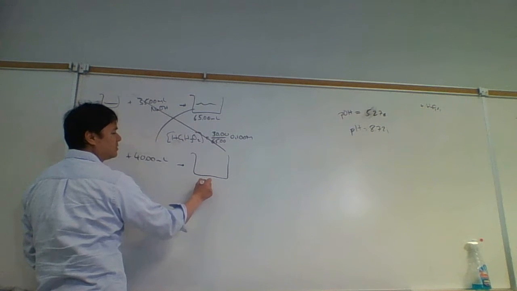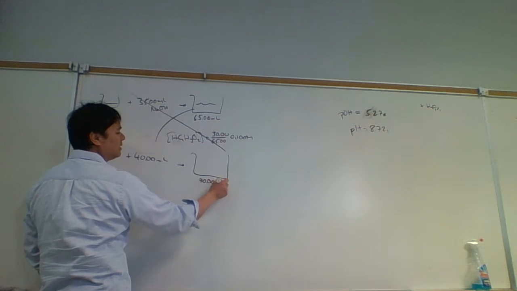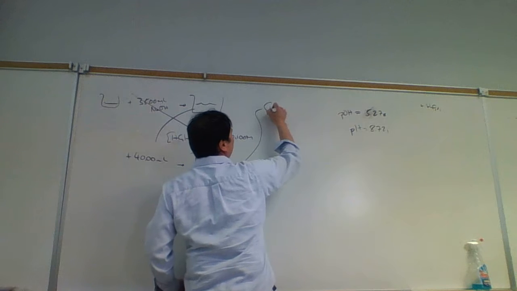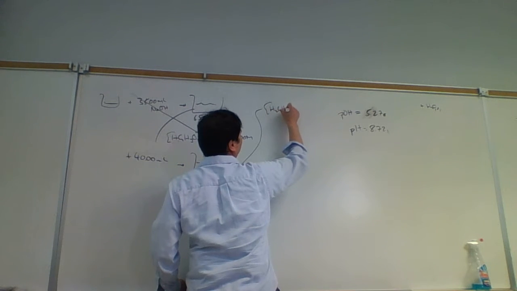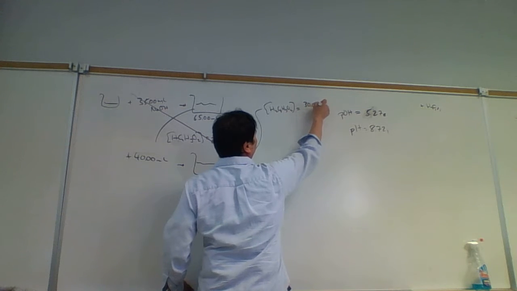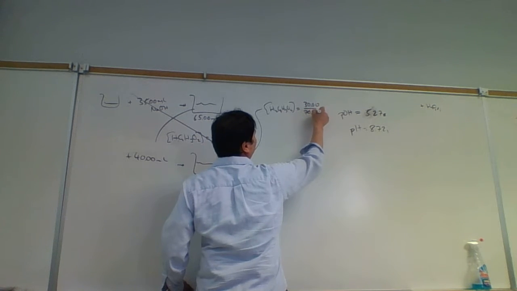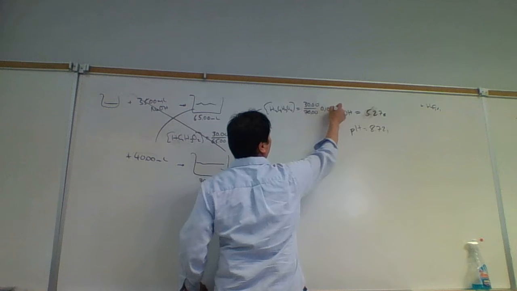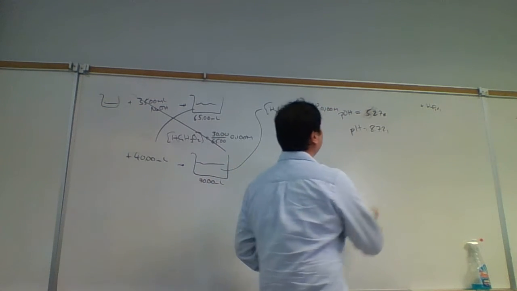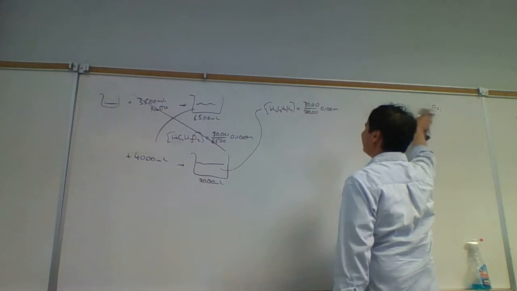This is going to be 70.00 milliliters, right? And so that means the acetic acid is going to be a 30 to 70 dilution of 0.100. Maybe it isn't. This is not any cleaner.